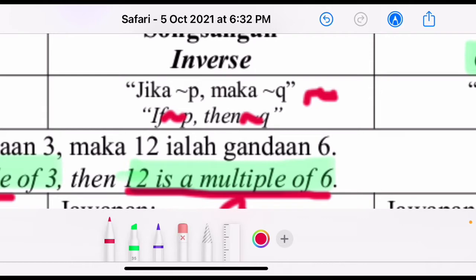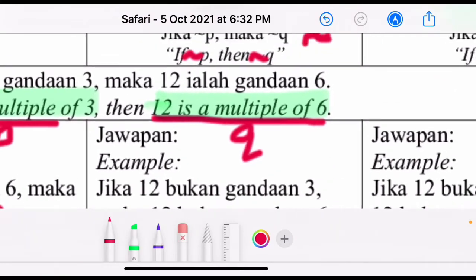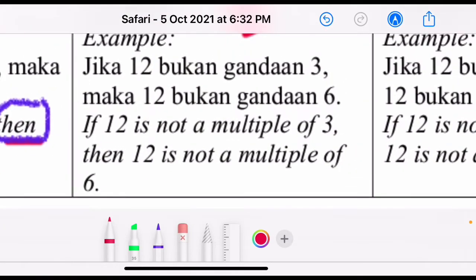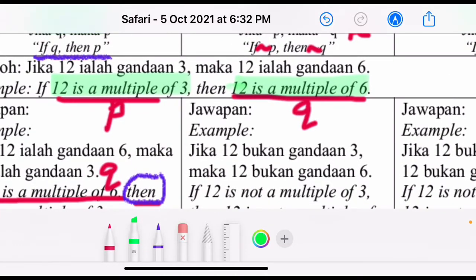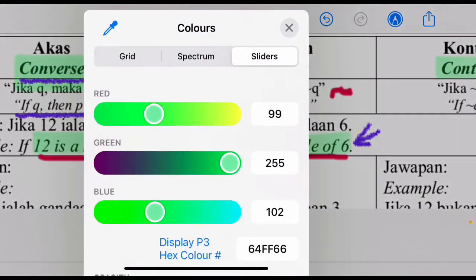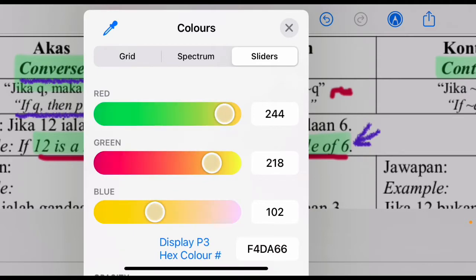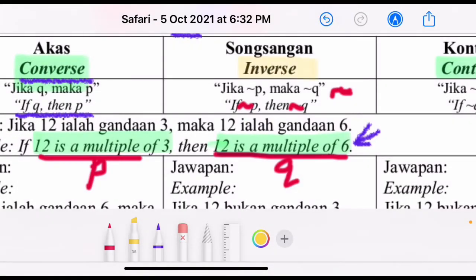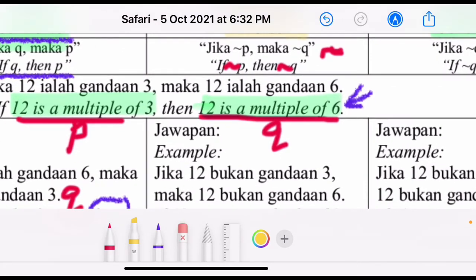If tilde P, then tilde Q. The tilde here means negate: not P, not Q. Referring to the original statement, if we want to do inverse, we must make sure we negate the statements.